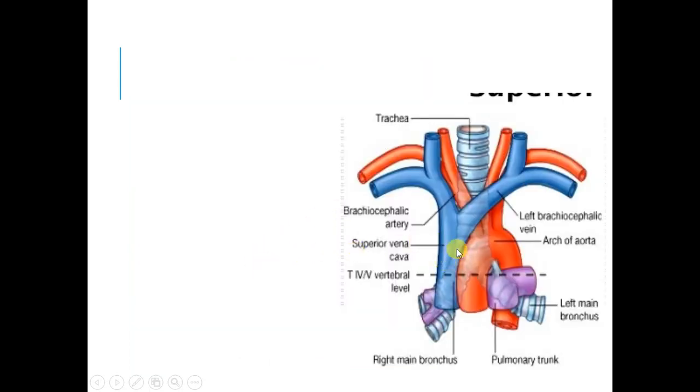Here is another diagram showing the structures. Trachea, behind it will be the esophagus, as we have seen in the previous diagram. Arch of aorta, this plane is the sternal plane. Here are the great veins: superior vena cava, left brachiocephalic vein, right brachiocephalic vein. These are the branches of the arch of aorta, along with the nerves.